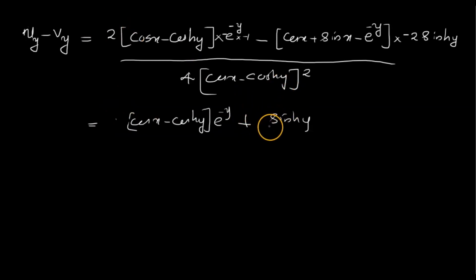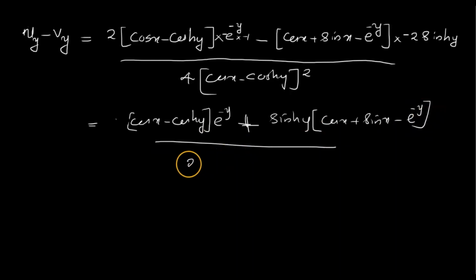So we get plus sinh y (cos x plus sin x minus e raised to minus y), all divided by 2 into (cos x minus cosh y) all square. So this is our uy minus vy: e raised to minus y (cos x minus cosh y) plus sinh y (cos x plus sin x minus e raised to minus y).